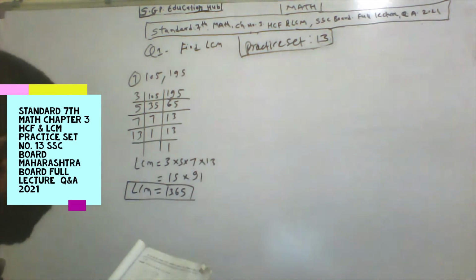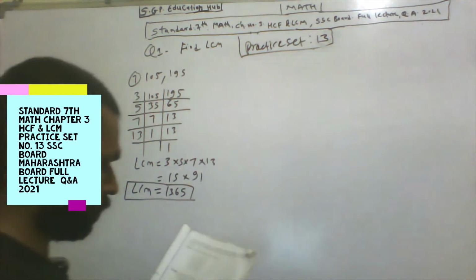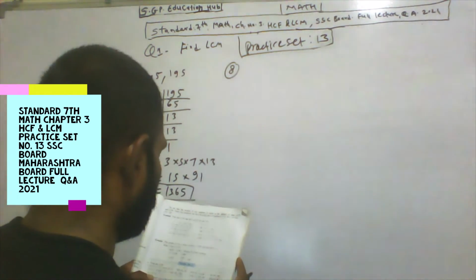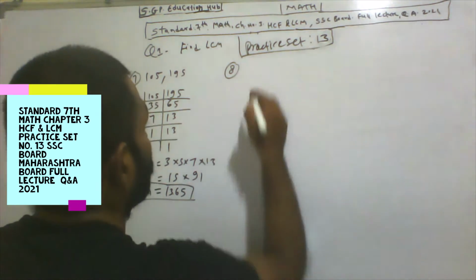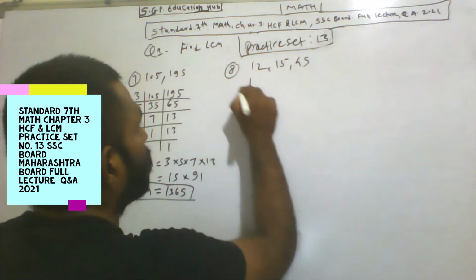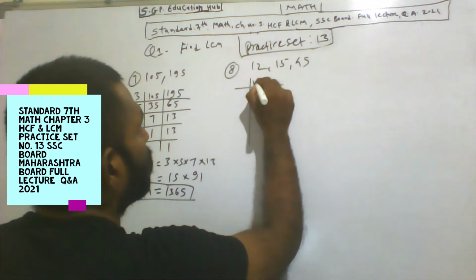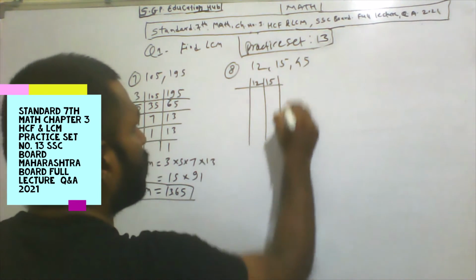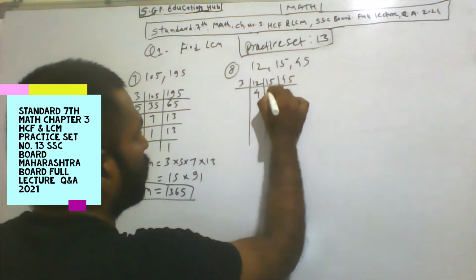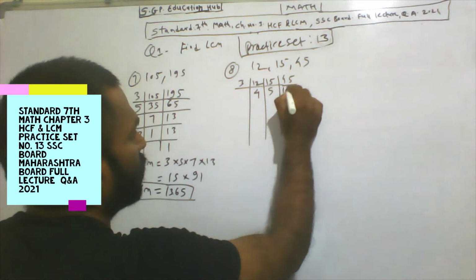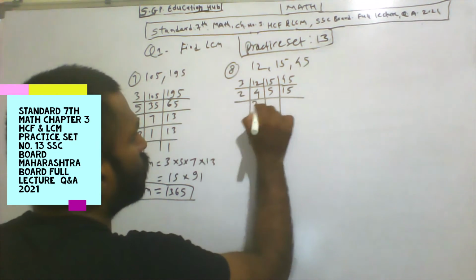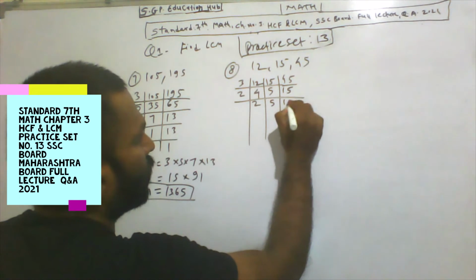Now question number 8. 12, 15 and 45. Okay, 3 fours are 12, 3 fives are 15, 3 fifteens are 45. Now with 2, 2 twos are 4, then 5 and 15 remain the same.